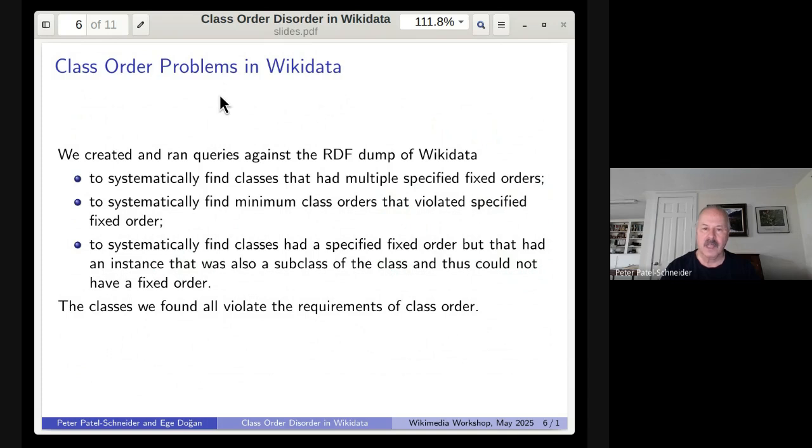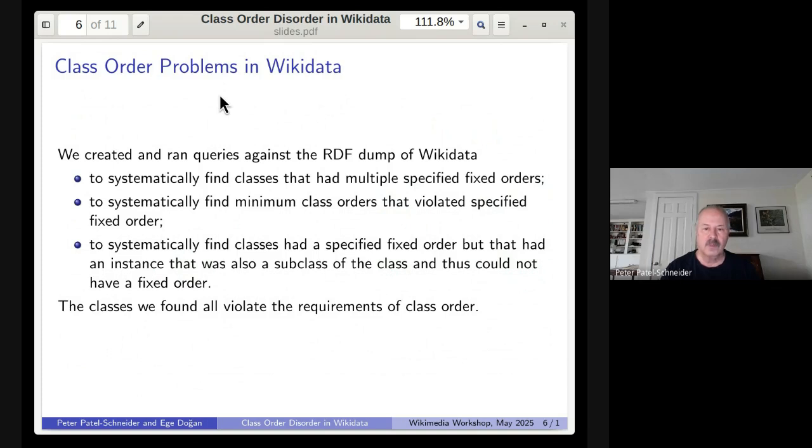The classes we found all violate the requirements of class order and thus indicate problems. It was necessary to run queries to find these classes because even though Wikidata can specify the fixed order of classes, the software behind Wikidata does not keep track of class order.